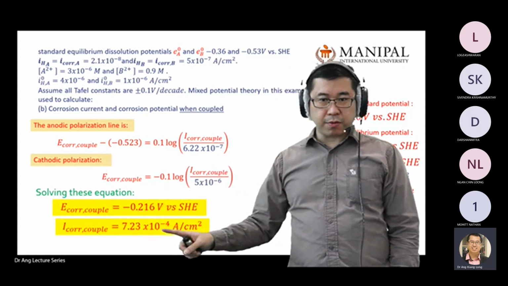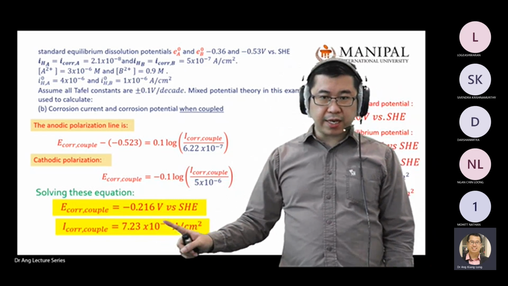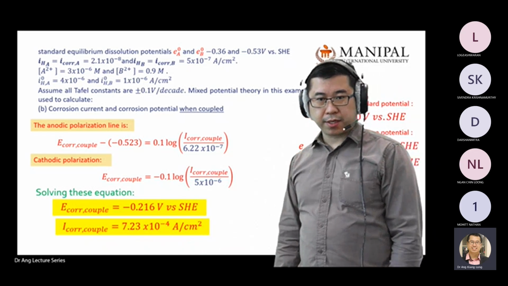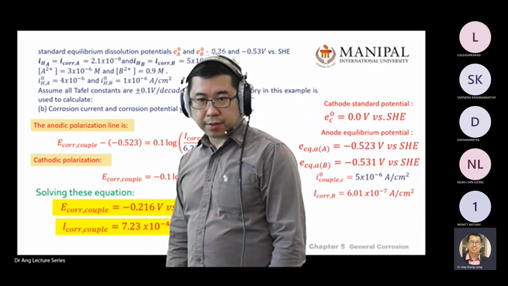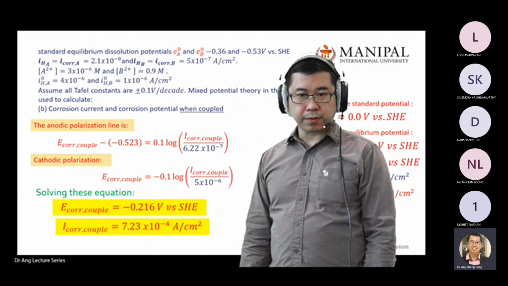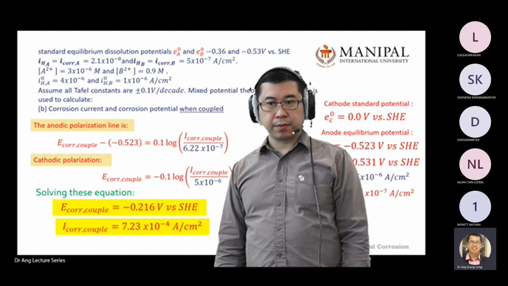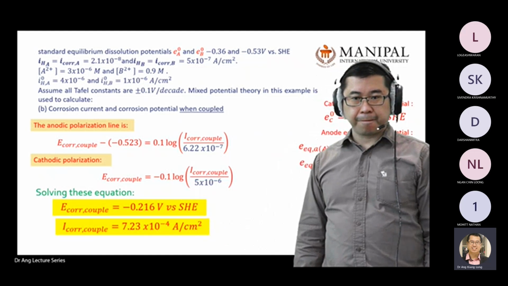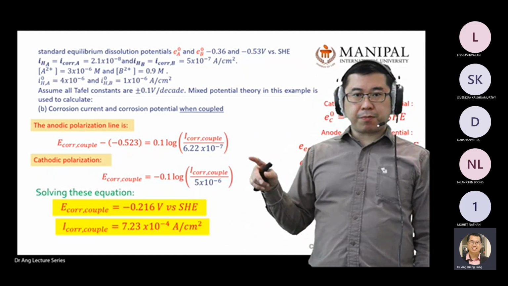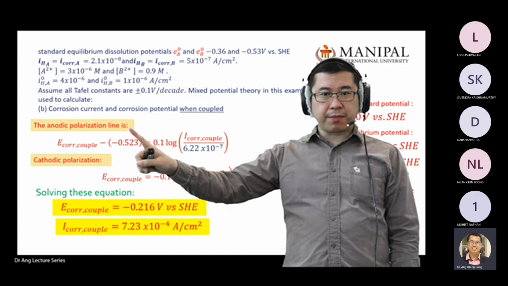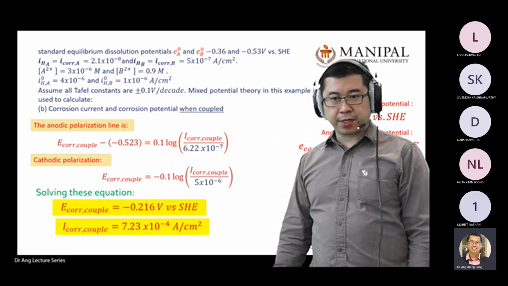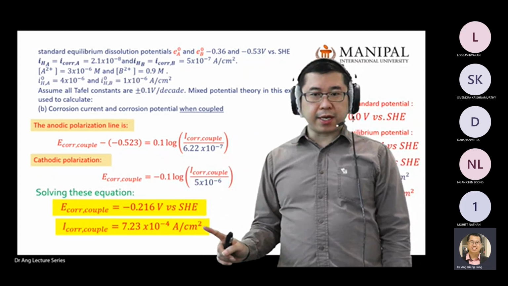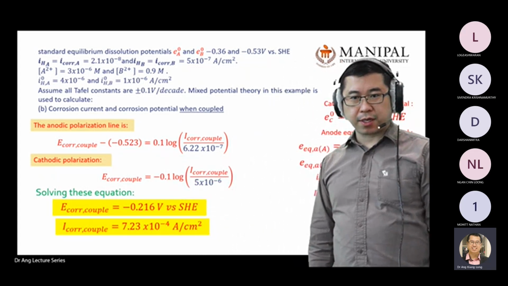Corrosion rate will be 7 times 10 negative 4 ampere over cm square. Copy this one as your answer. The process will repeat. We keep looking at anodic and cathodic processes, we solve for the unknowns, then we'll get the E and corrosion coupled.